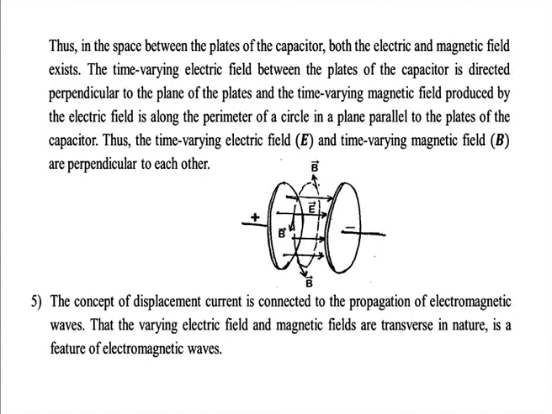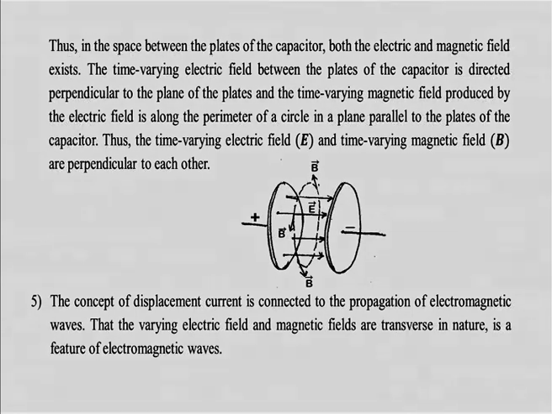Thus, the time varying electric field and the time varying magnetic field are perpendicular to each other. The concept of displacement current is connected to the propagation of electromagnetic waves. Thus, the varying electric field and magnetic field being transverse in nature is a feature of electromagnetic waves.